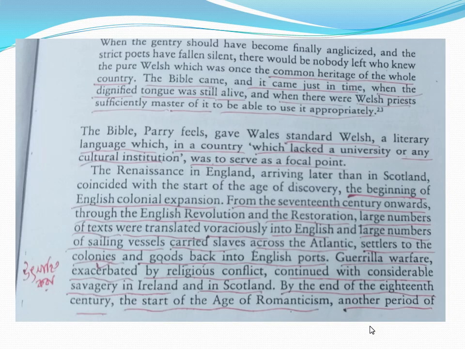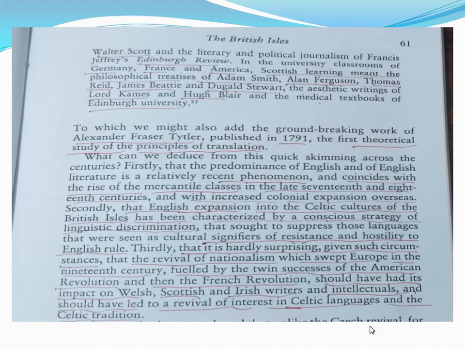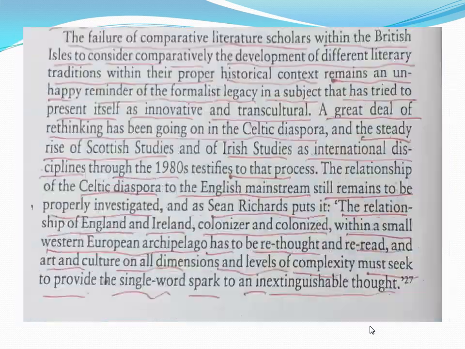It means the failure of comparative literature scholars within the British Isles to consider comparatively the development of different literary traditions. So the question was asked, which literature will we call British comparative literature?